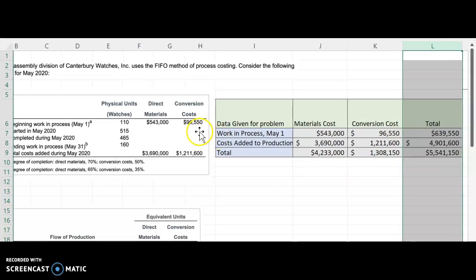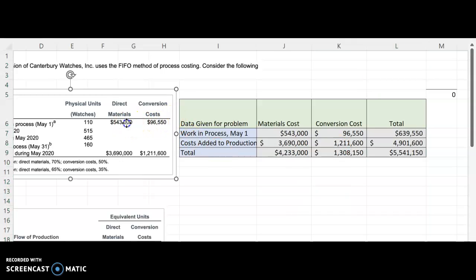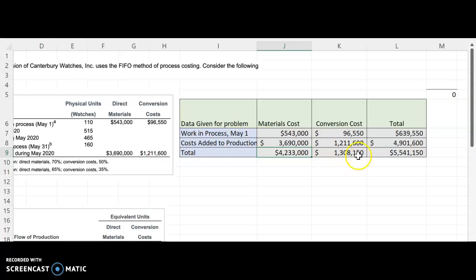So the first thing that it said to do was to get your totals. So I got my total materials, and that's just the 543 and the 3,000,006. So here's my total materials cost, and then I need to get my total conversion cost. So I added those together, and then do the same thing across.